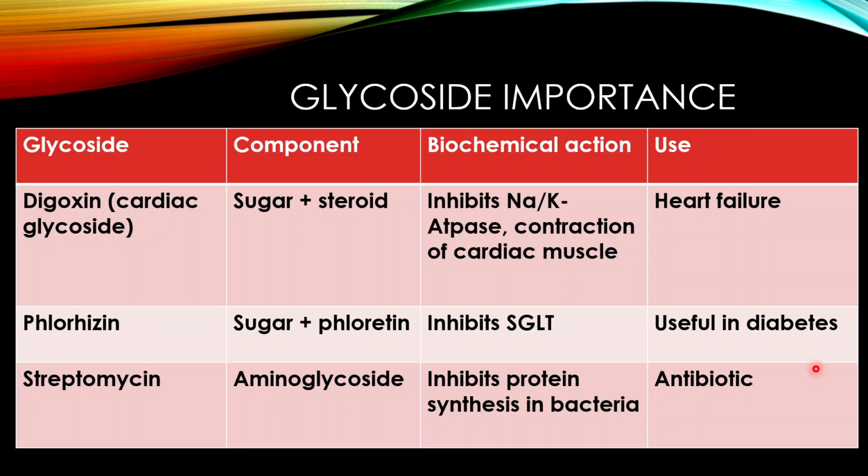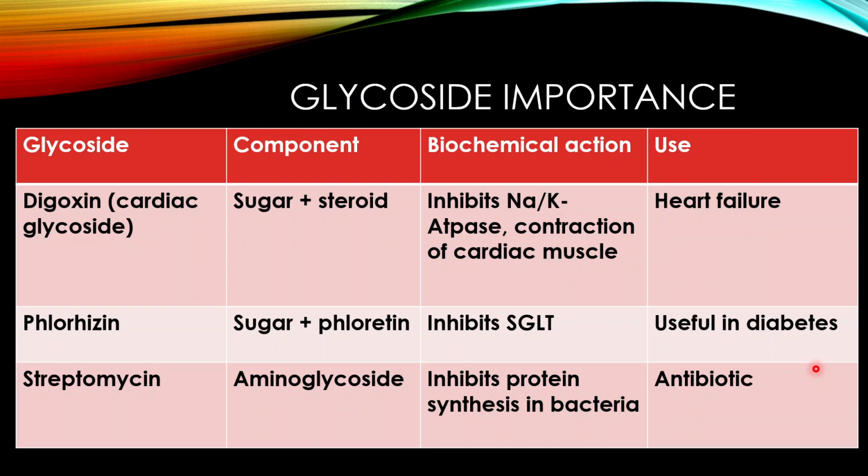Now the sodium potassium ATPase channel maintains the concentration of potassium inside the cardiac muscles and sodium outside, basically in the myocytes of the cardiac cells. Normally we have an increased concentration of potassium inside and an increased concentration of sodium outside.